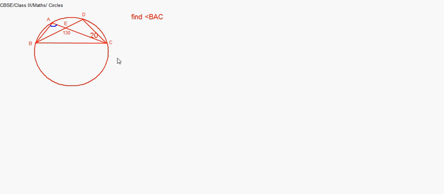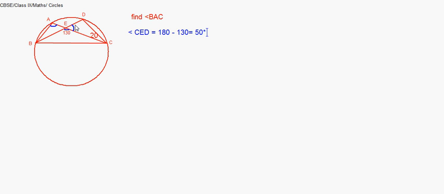If you mark this one, BED is a straight line, this one is marked to be 130. So this part of it, that one is angle CED. Angle CED is equal to 180 minus 130, and that gives us 50 degrees. Alright, so that one is 50 degrees.